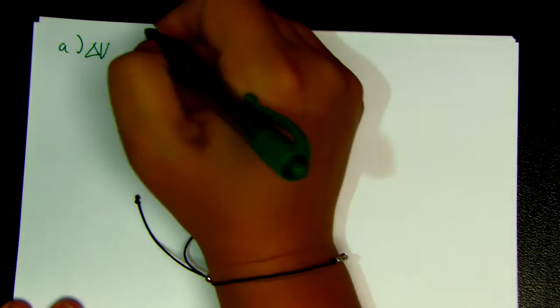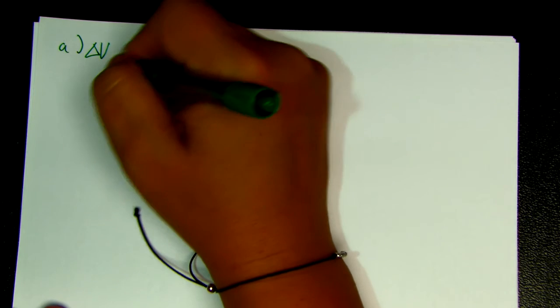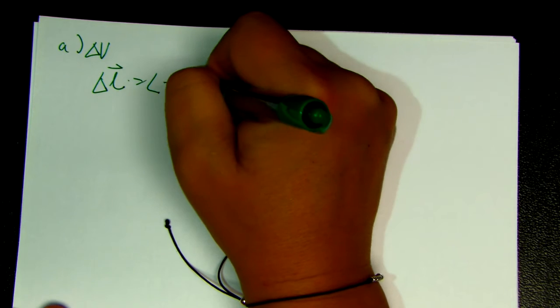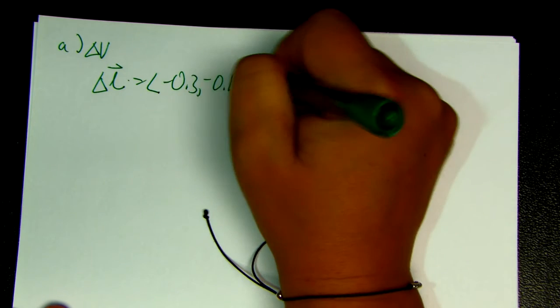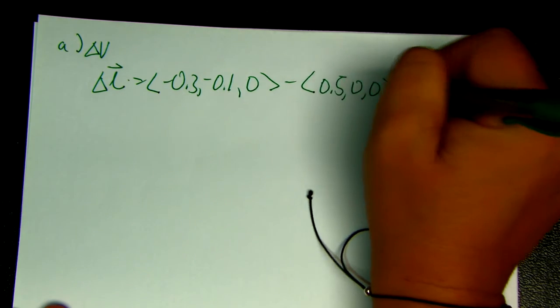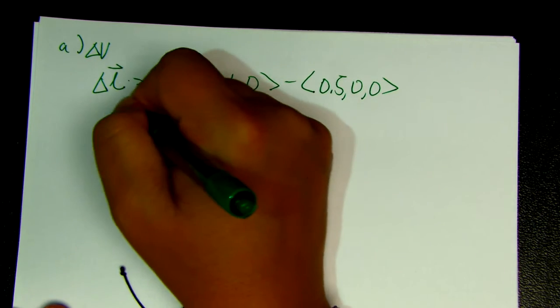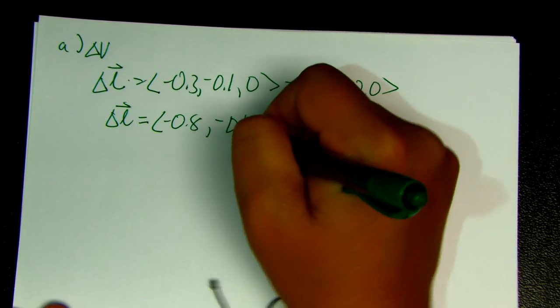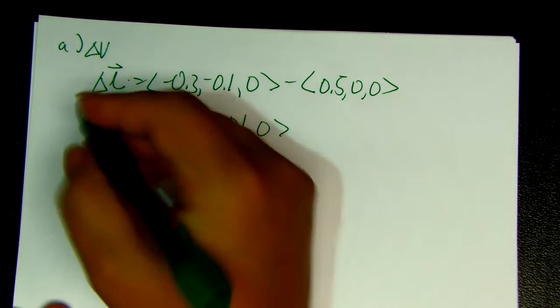Okay, so for delta V, we're going to need delta L. This is equal to (-0.3, -0.1, 0) minus (0.5, 0, 0), giving us a delta L of (-0.8, -0.1, 0).